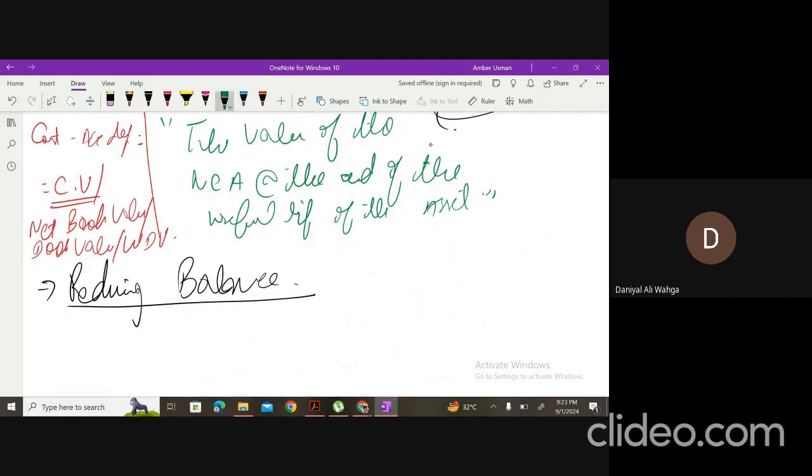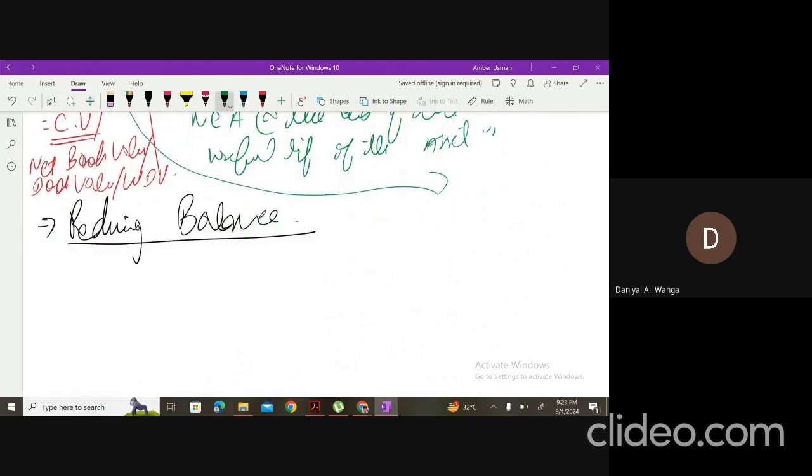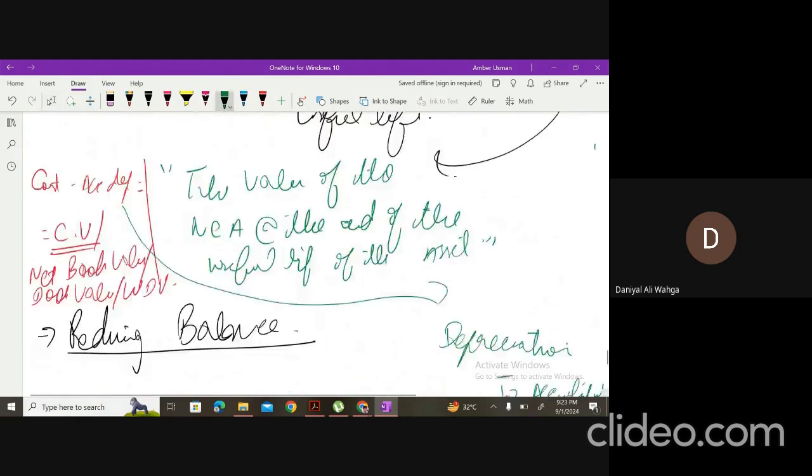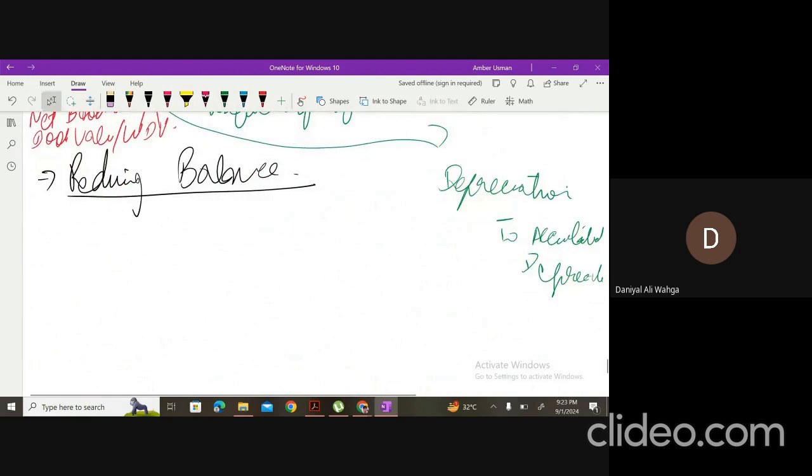And the question goes forward, sir, what is the accumulated depreciation and how is it calculated? Basically, depreciation is debited and the accumulated depreciation is credited. Sir, again, we do not know what is meant by accumulated depreciation.